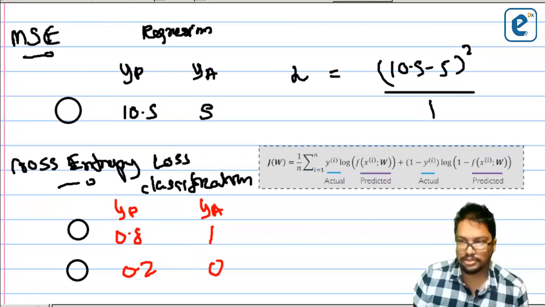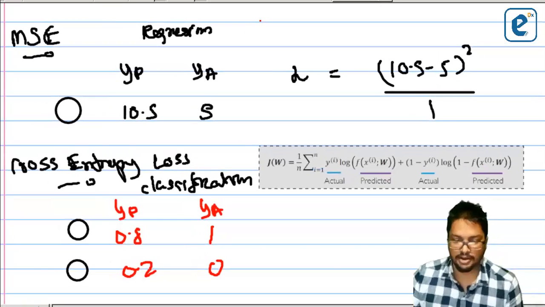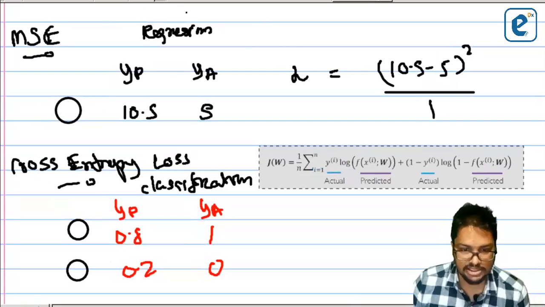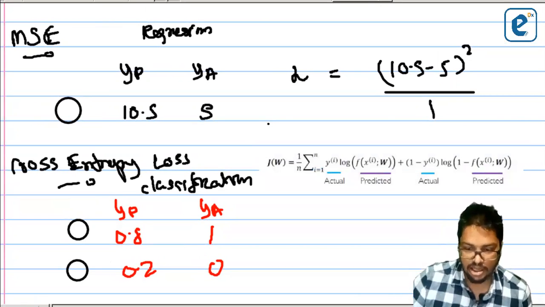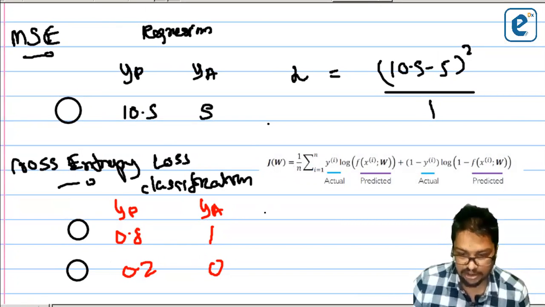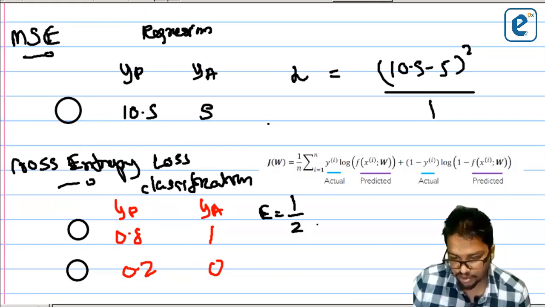You can see 1 over n, and now we have 2 neurons here, so it will be 1 over 2.